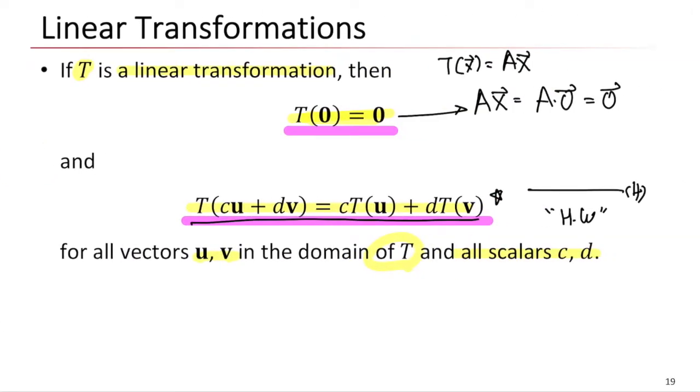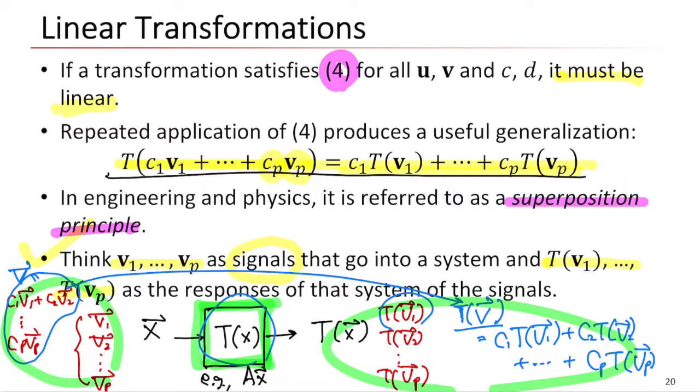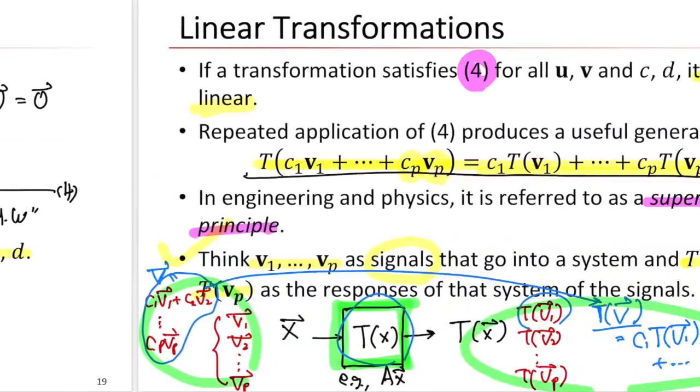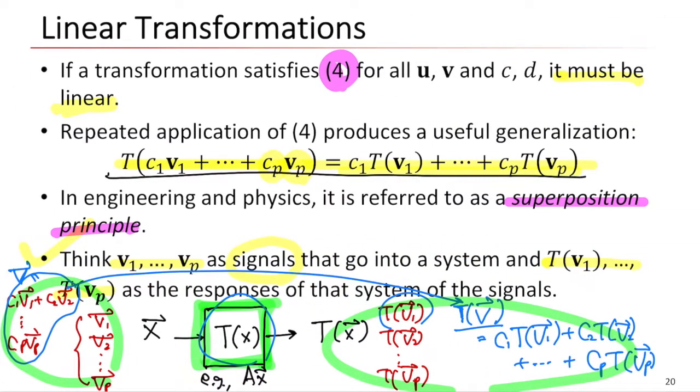Okay, and there are additional properties such as T(0) = 0 and T(cu + dv) = cT(u) + dT(v). This last property can be extended in a generalized manner, something like that.